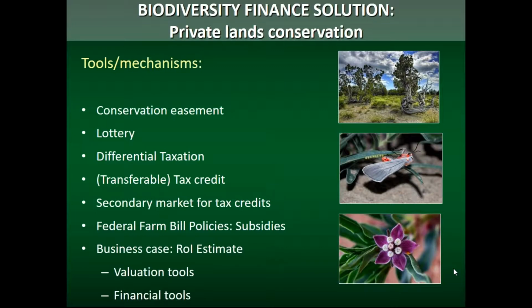But in essence, it is used as leverage locally. The federal funds are used as local leverage to enhance conservation programs that have been implemented at the state or local level.